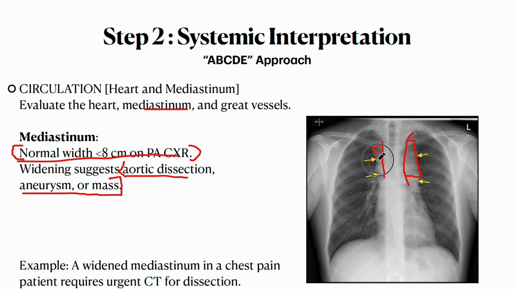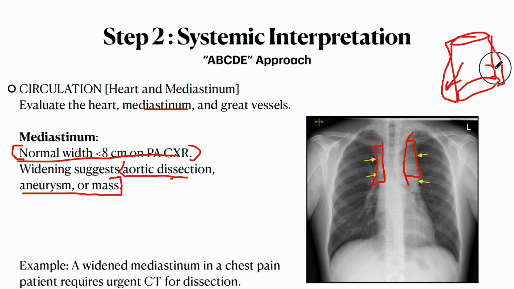So there is the widening of mediastinum. This happens in aortic dissection cases. What actually happens in aortic dissection? This is the aorta, and in dissection cases there is a tear in the wall of the aorta, and there is the accumulation of blood. In these cases, mediastinal widening can occur.